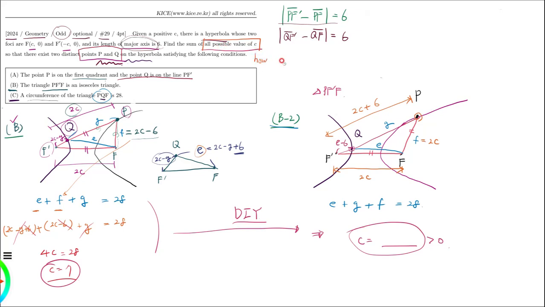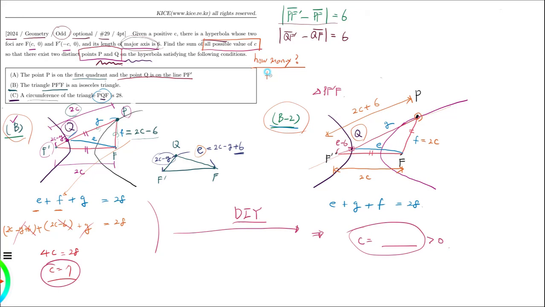So it gives you a question of how many cases we have. As I said, there are only 2 cases because the point Q is an intersection point of the line and the hyperbola, and the intersection between a line and the hyperbola is at most 2 distinct points.